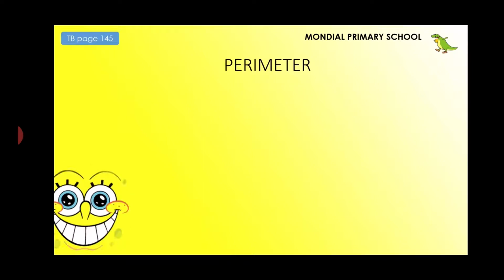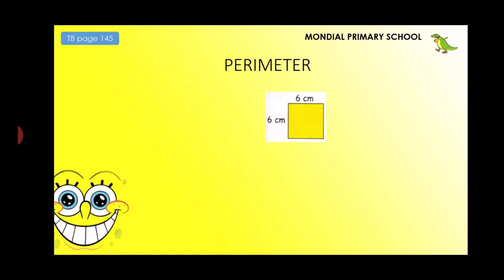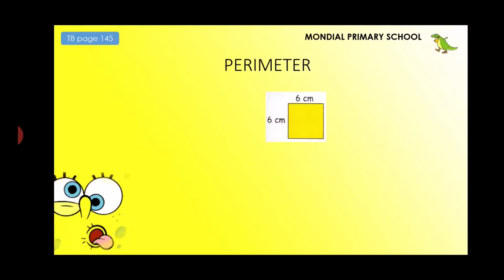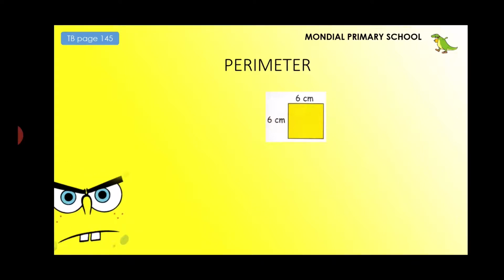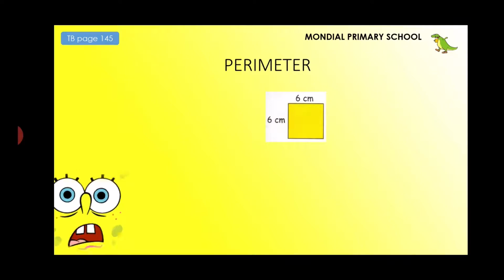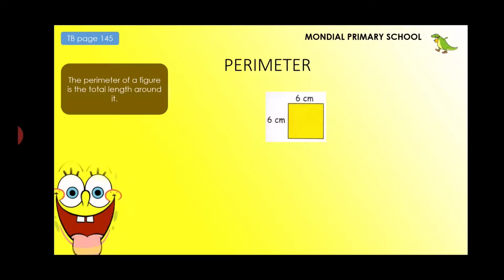Lionel draws a square. Each side of the square is 6 cm long. How do we find the perimeter of the square? Last week, we learned about perimeter. Do you remember what the perimeter of a shape is? The perimeter of a shape is the total length around it.